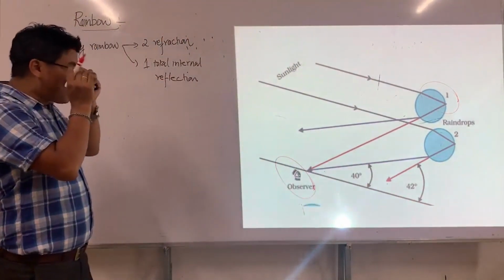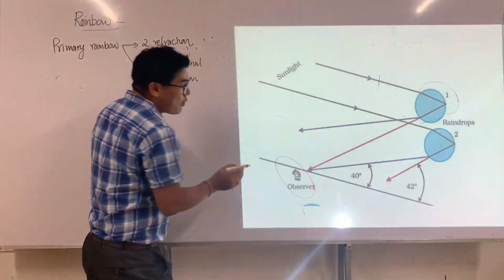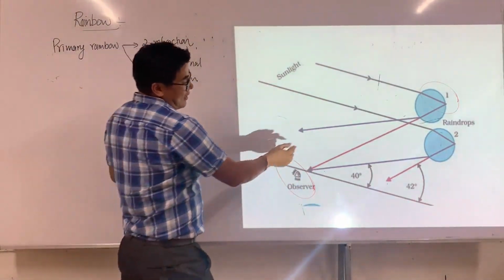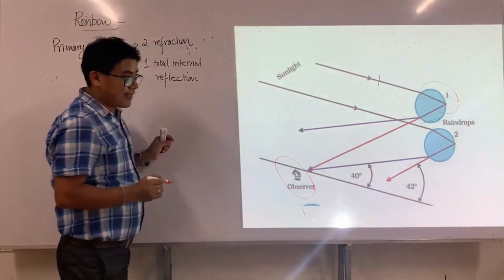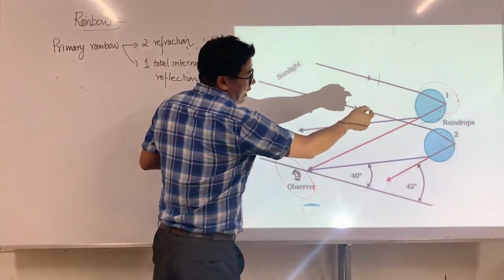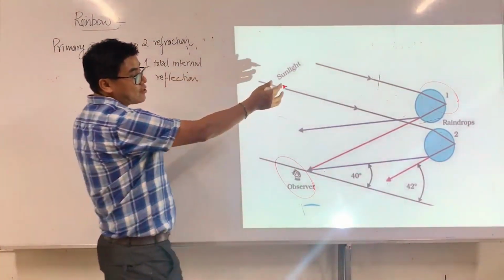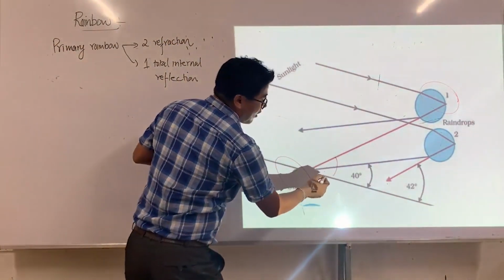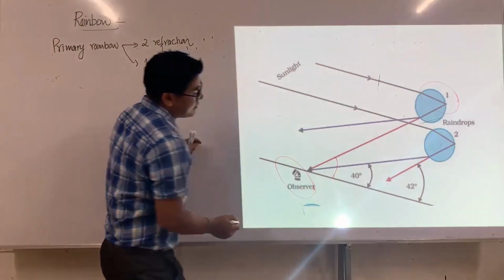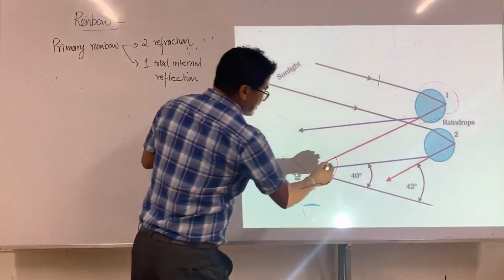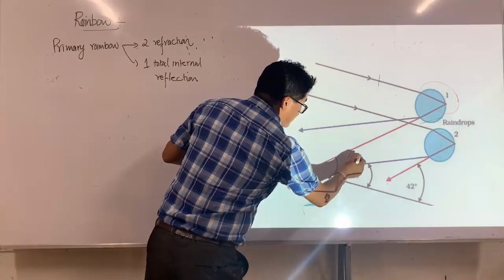Now look here, to our eye, we are able to catch the red of the first drop and the violet of the second drop. So this is red, 42 degrees.